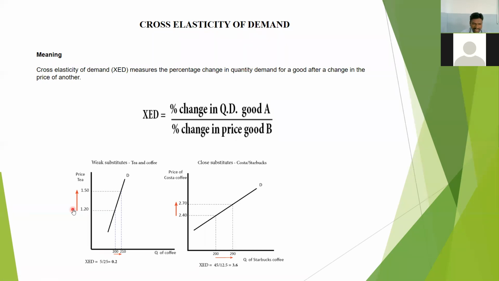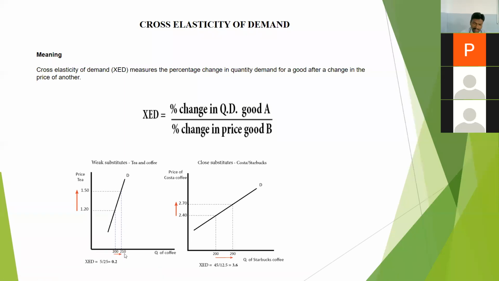When the price of tea increases from 1.2 to 1.5, a price change of a certain percentage, and because of this change in the price of tea, what will happen to the demand for coffee? Increases. Yes, very good. So the demand for coffee has increased from 200 to 210.